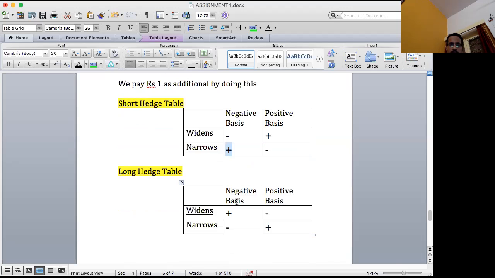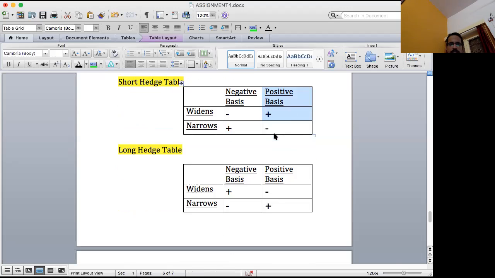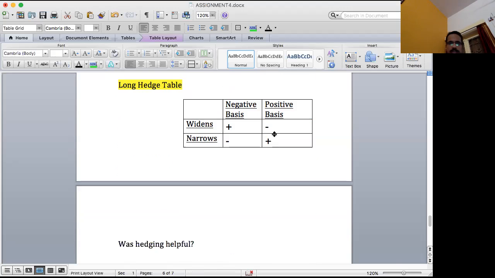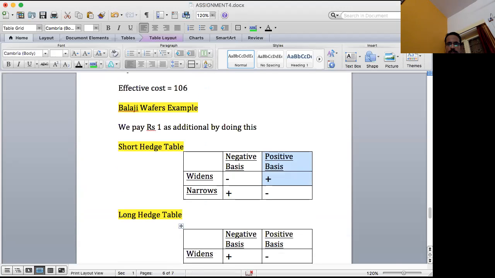And in case of a long hedge, if the negative basis widens, then I make the profit, right? In case of a short hedge, if the positive basis has gone up, I make the profit. Negative basis means spot minus futures, right? And positive basis means futures minus spot. So this was about futures. Thank you.